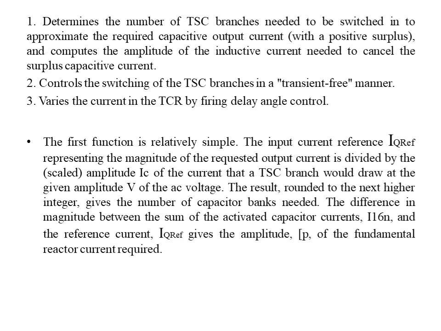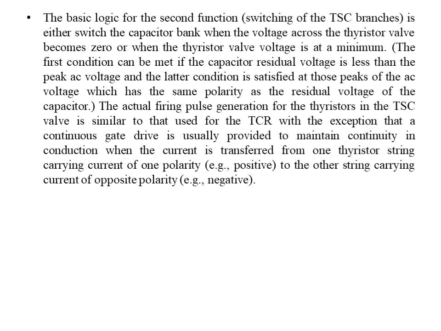So the reference current that is generated is divided by the capacitive current, and after that it gives an integer value. Depending upon this integer, we say that this much is the required number of capacitor banks or TSC branches.